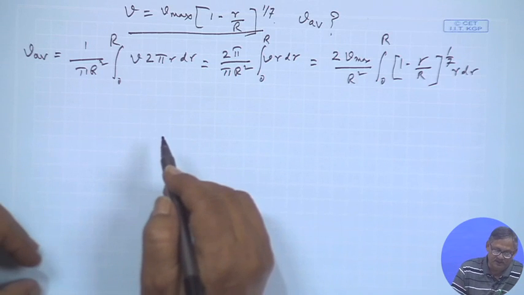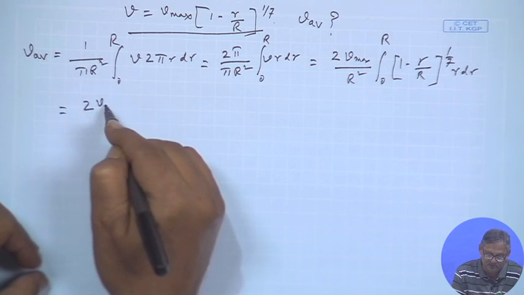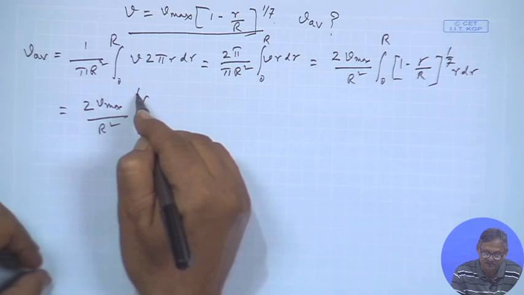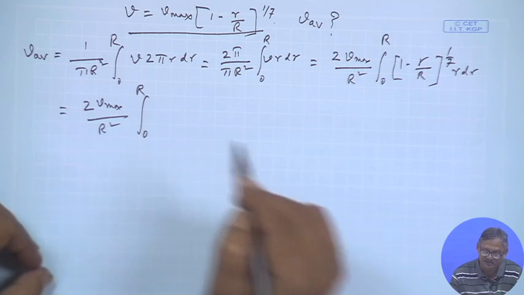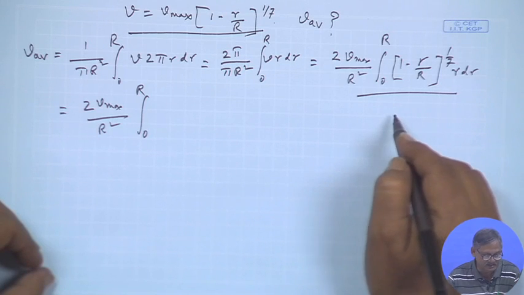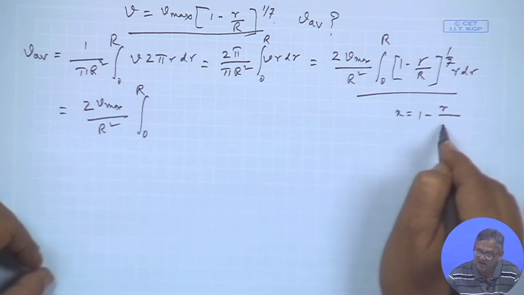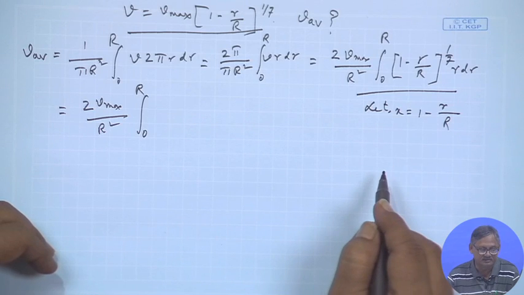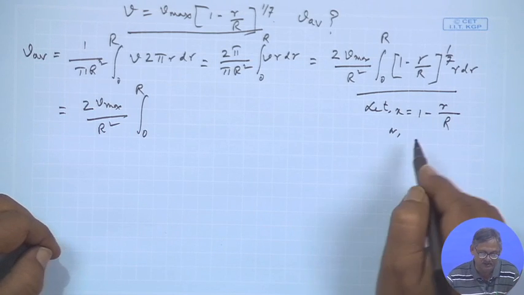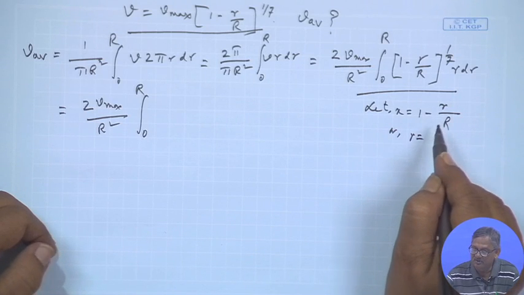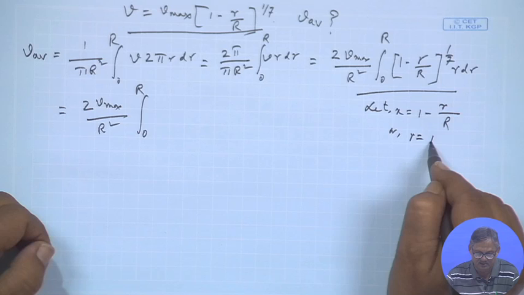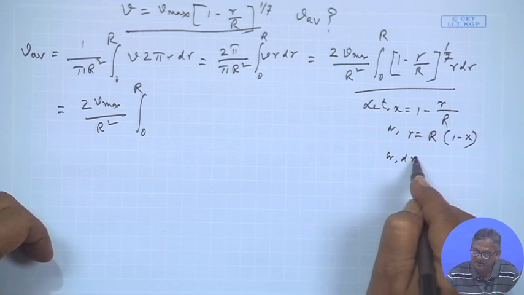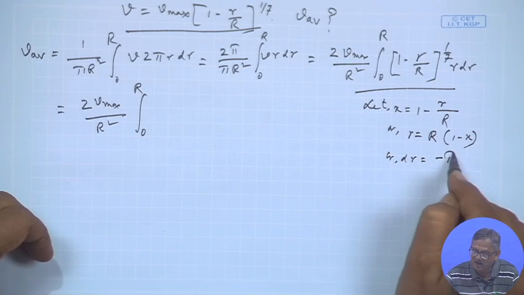So, this we can also write as 2 V max over R square, integral from 0 to R. Now, let us define x is equal to 1 minus r over R. Therefore, we can write small r is equal to capital R into 1 minus x, or dr is equal to minus R dx.